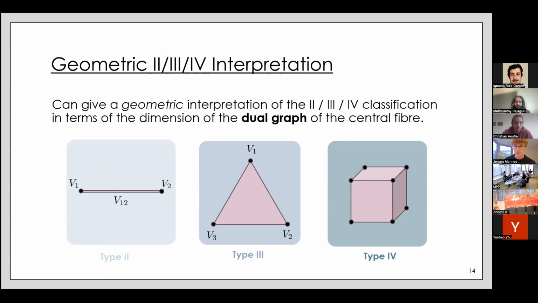And similarly, if you have three components, you can have the double intersections, and if they triply intersect, you associate a face, and then you can continue on in this way. And then essentially, whether it's type 2, 3, or 4 is just related to what the dimension of this dual graph is, so what kind of intersections you can have. This was just an aside. It will not be important for the rest of the talk.